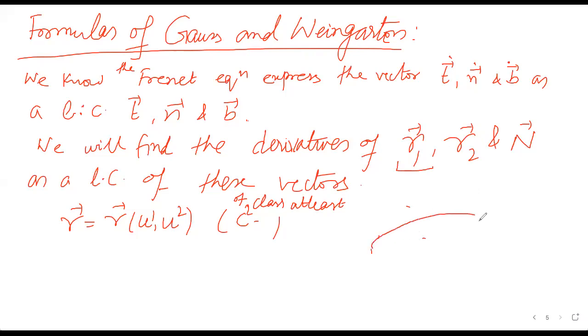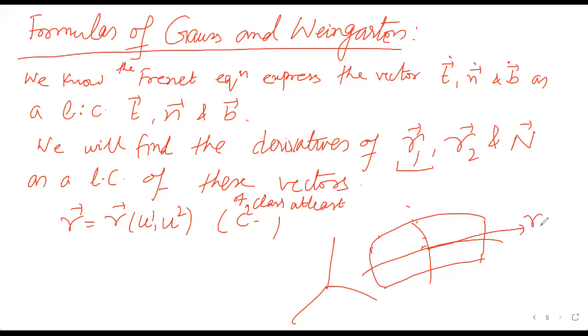Suppose you have some surface here in E3 or R3. So you know this is some vector and you have some curves like this. Two curves are there, at a point P. Suppose this is your R1 vector and this is your R2 vector.